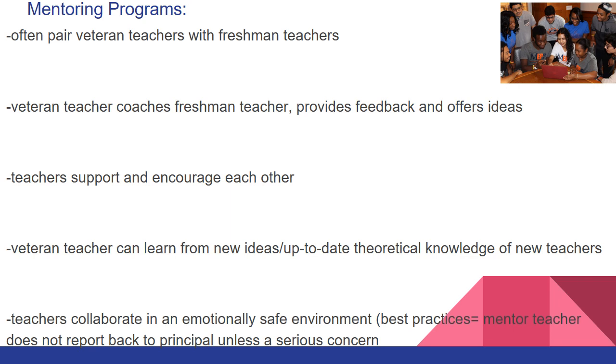But let's say the mentor teacher is worried about whether the teacher is doing enough relevancy in her lessons, or expressing the connection of the lessons and making it relevant to students' interests. The mentor teacher wouldn't go to the principal and say, this freshman teacher needs to work on their relevancy and they're not making the lessons relevant to students. No, the mentor teacher would go straight to the source and help that freshman teacher with that concern. And this builds up trust between the two.